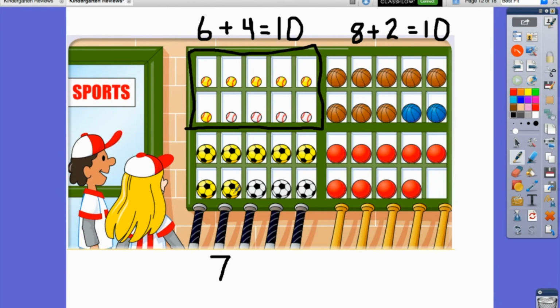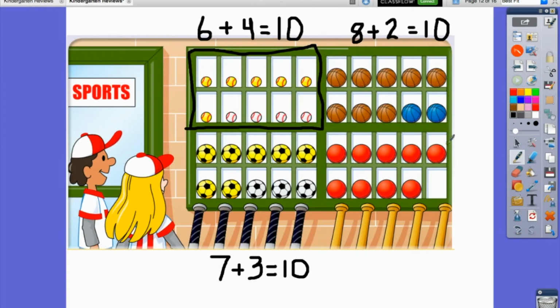How many white soccer balls are there? 1, 2, 3. So 7 and 3 are another number partner for 10. 7 plus 3 gives me 10.